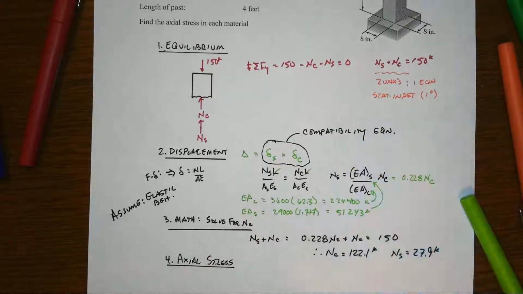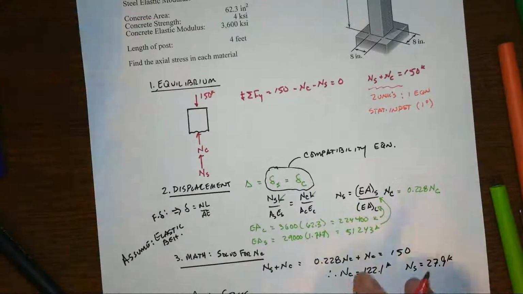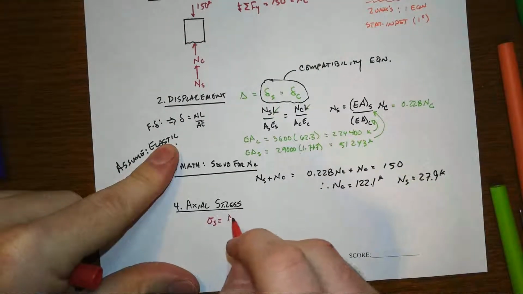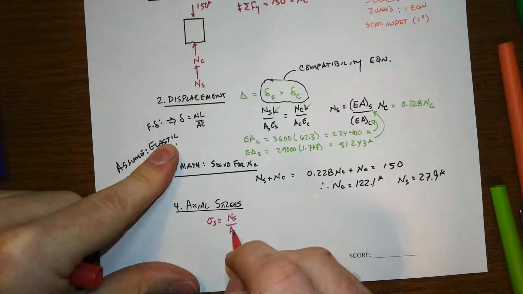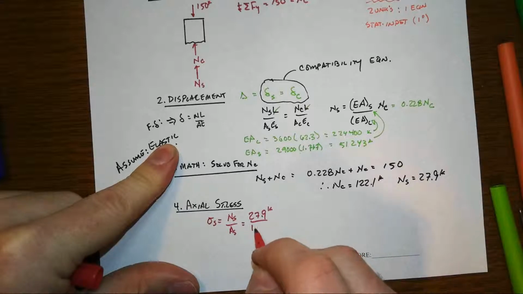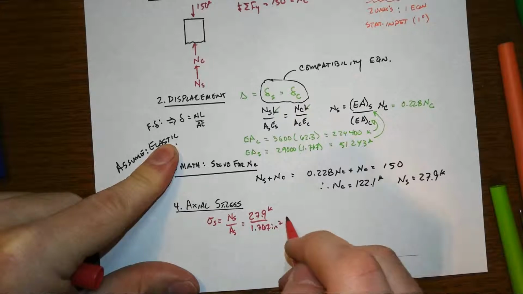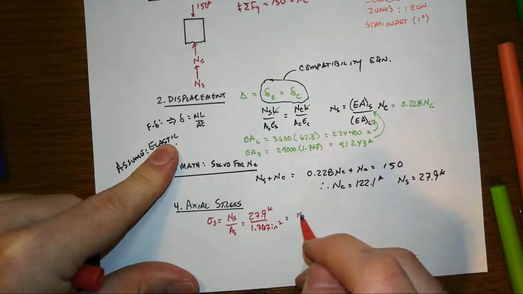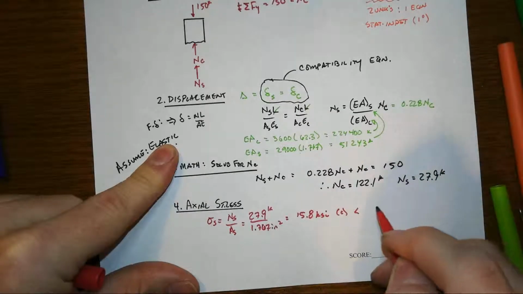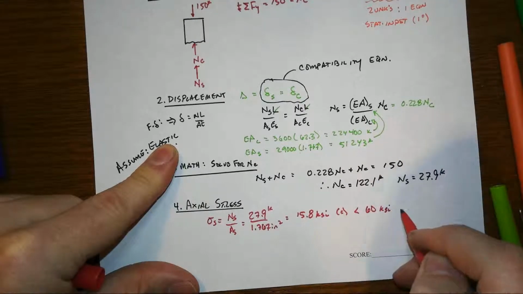And so then that will just be, for the steel, axial force in the steel over the area of the steel, so it's going to be our 27.9 kips over our total, because remember N_S was all of the bars together, and that will work out to be 15.8 ksi, that's in compression, and that is less than the strength of the steel, so that's good.